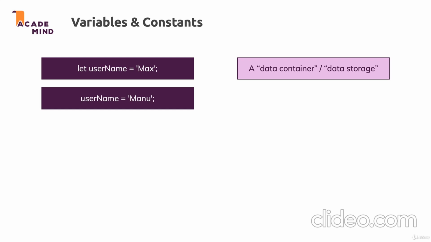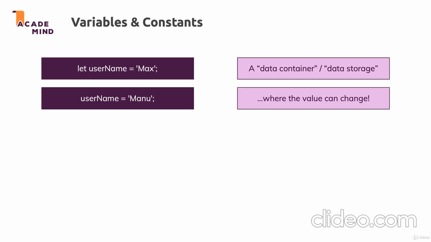Now, I only need the let keyword, which JavaScript understands, if you introduce a variable for the first time. If you then assign a new value to it, you don't repeat that keyword. So you only need the let keyword to let JavaScript know, hey, here's a brand new variable my program will need. If you then use that variable thereafter, you do that without let. So a variable is a data container where the value can change. Doesn't have to, but often it will.